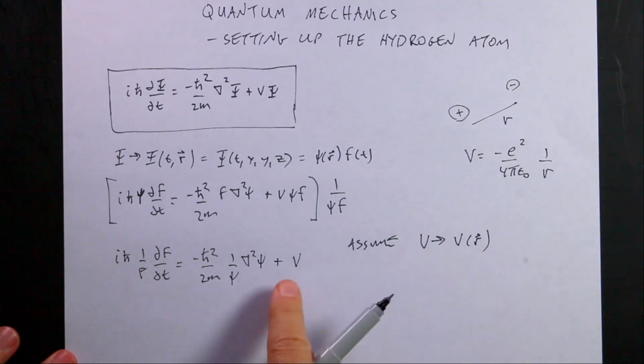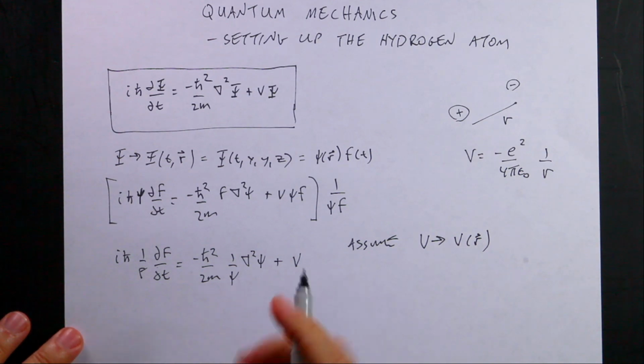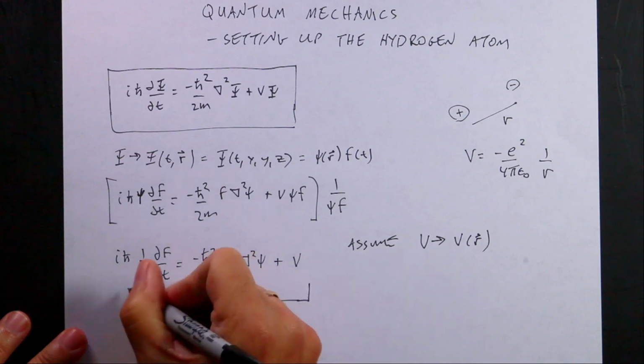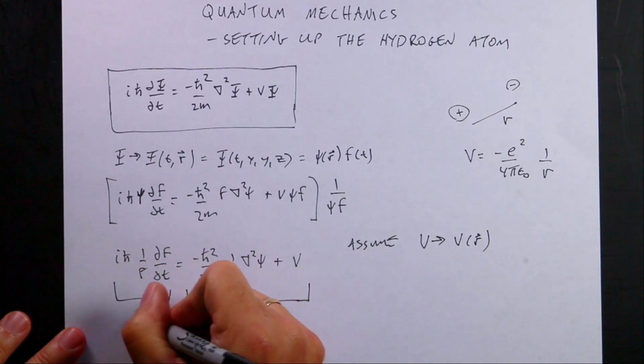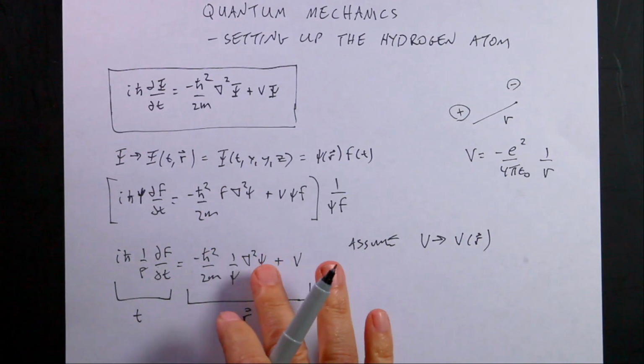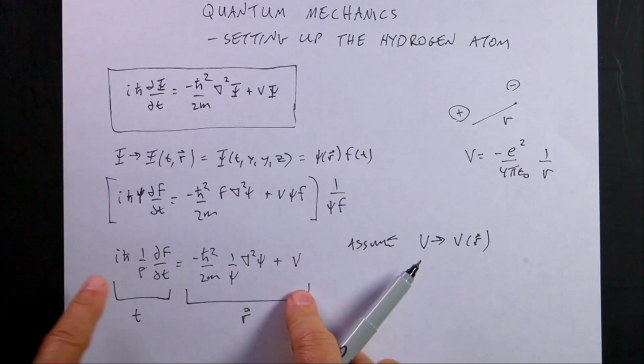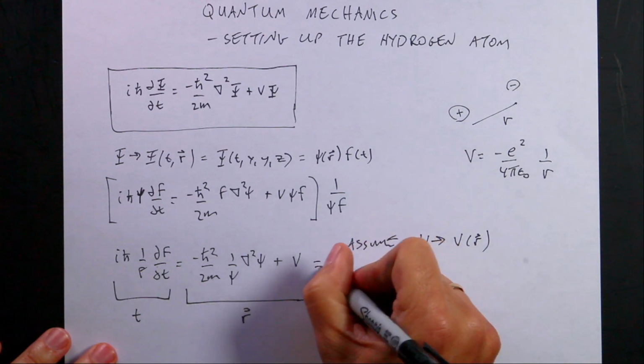If the potential does not depend on time, does not change with time, then this part of the equation only depends on r. This part of the equation only depends on t. So if I have this only depends on r, and r changes, and it is equal to this, and t changes, the only way these two can be equal is if they're both equal to the same constant. So we can call this constant e.